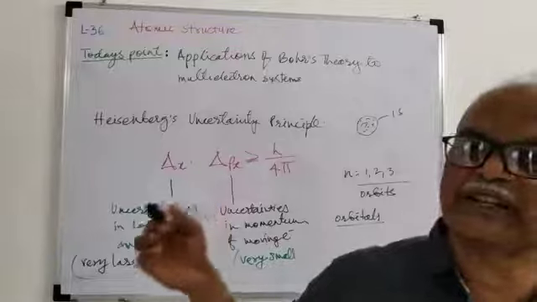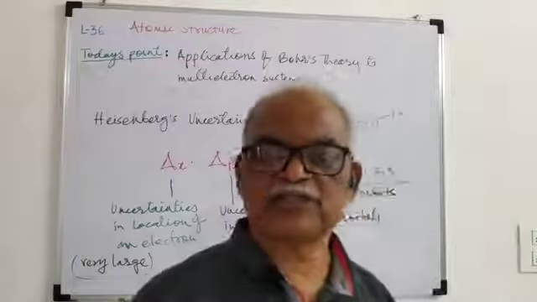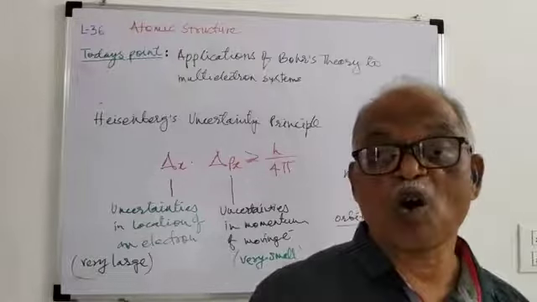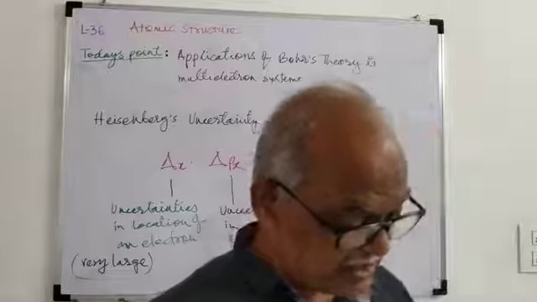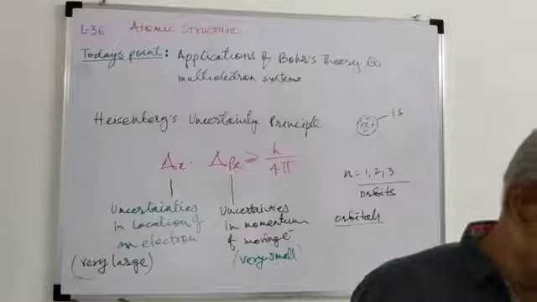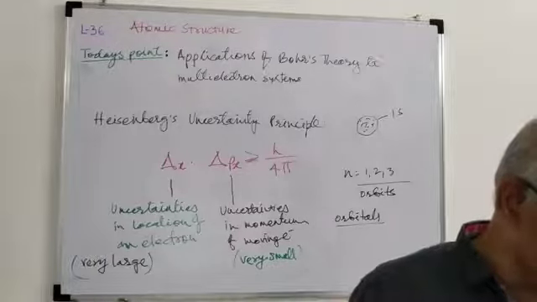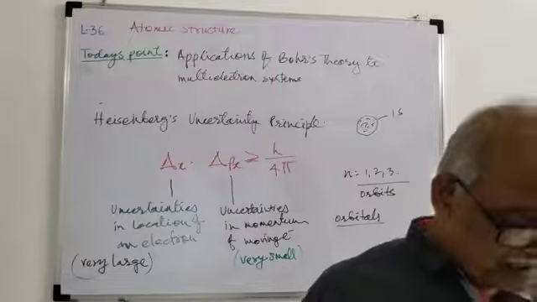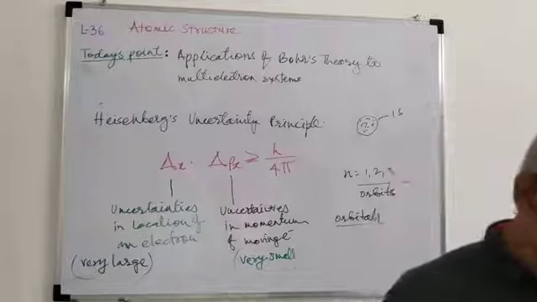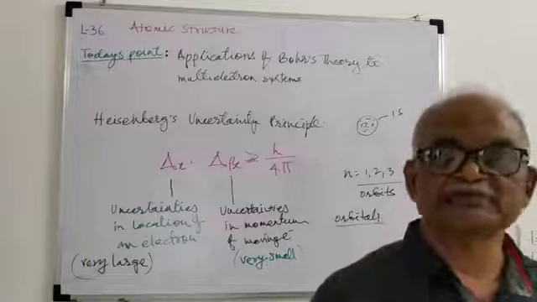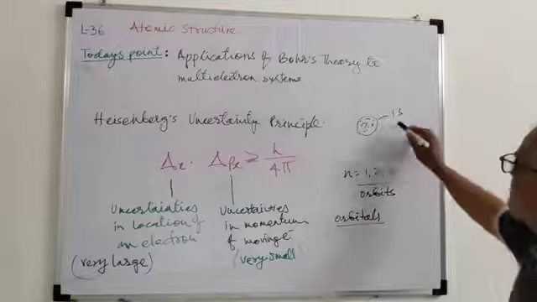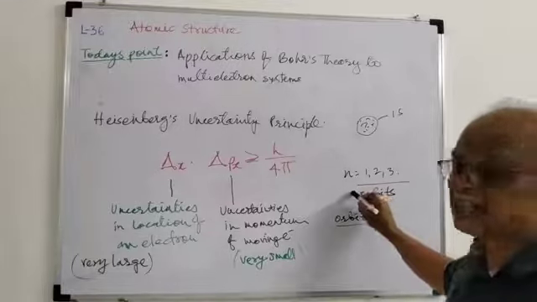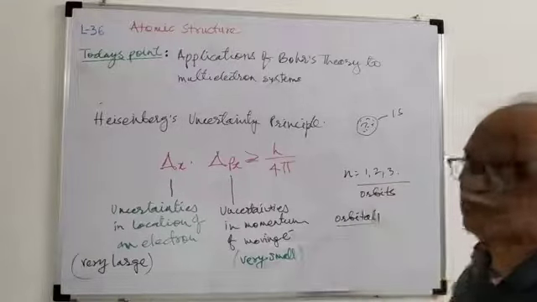But it is very difficult to consider the exact location and momentum of the electron when we consider the orbit. This is the difference, and therefore we say that the probability of finding an electron in space at a specified point, that is the electron density, can be calculated when we consider the orbital. But it is difficult to consider the electron density in such orbits.